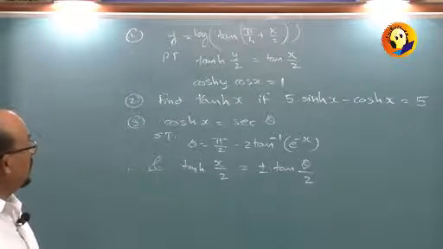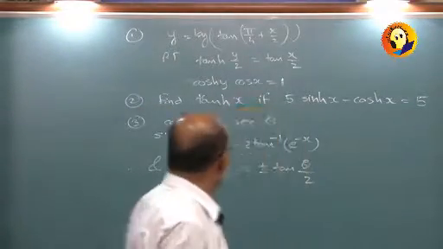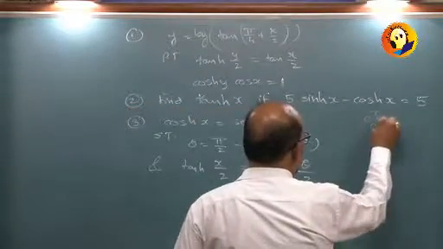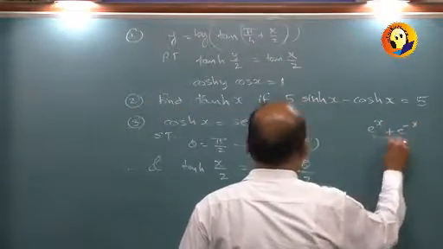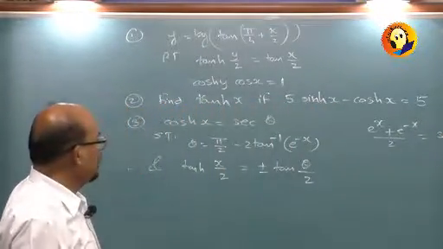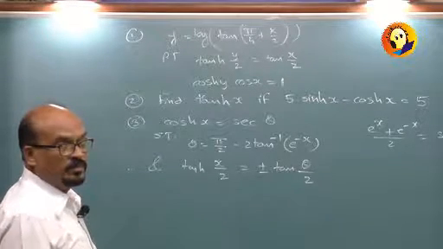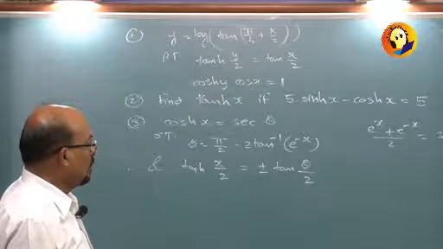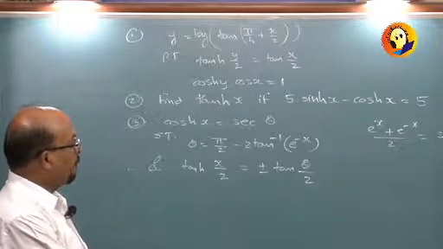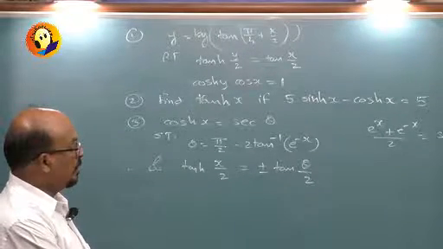Okay, so second can be solved. Third: cos x in terms of e raised to x. So it will be e raised to x plus e raised to minus x upon 2 is equal to sec theta. Then numerator and denominator, multiply by e to power minus x.